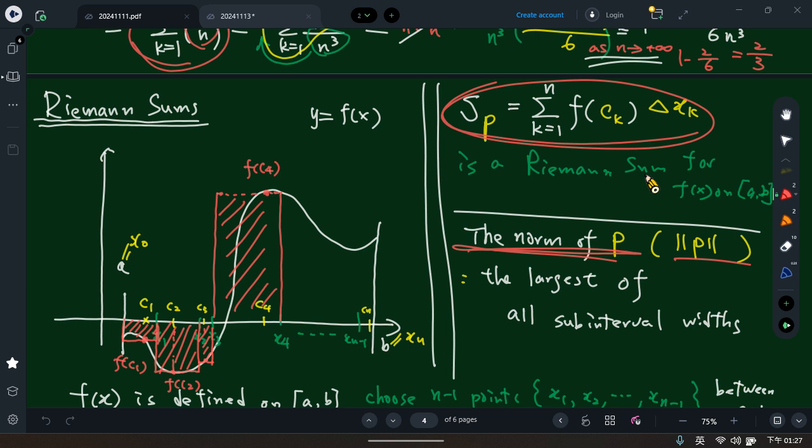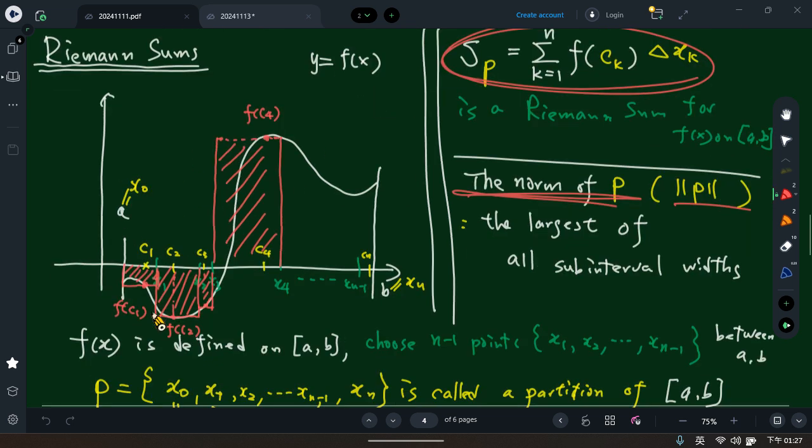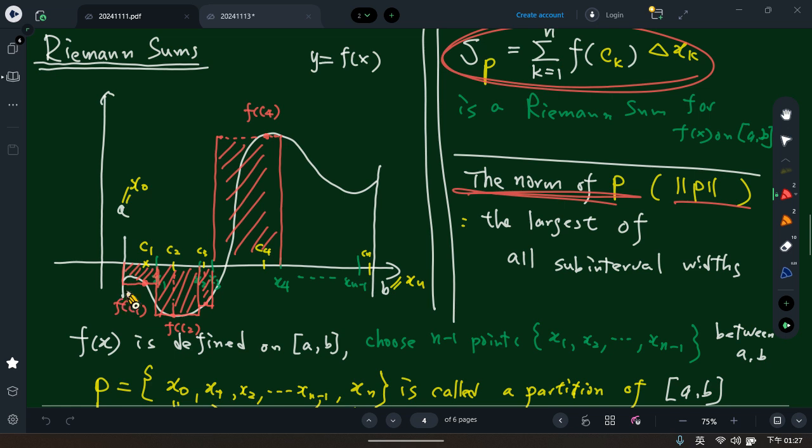That means if I give you a function y is equal to f of x, and I also give you a focus interval from A to B, there are many Riemann sums because the partition can be varied and the picked points can also be varied. So there are so many Riemann sums.